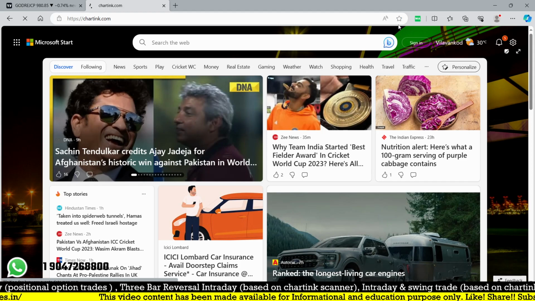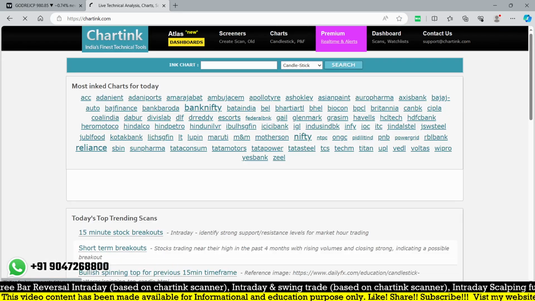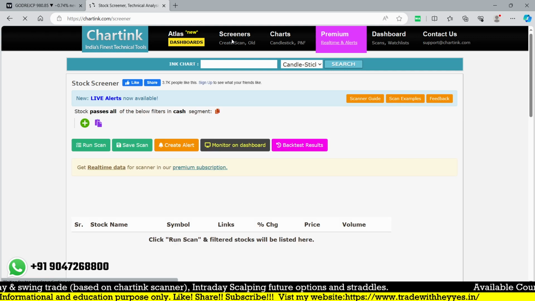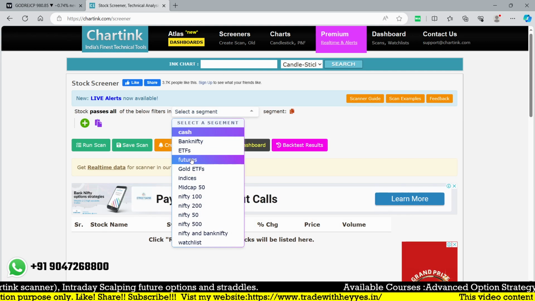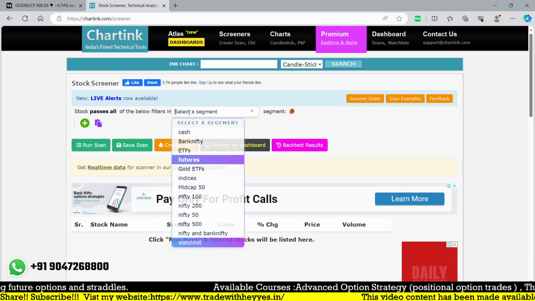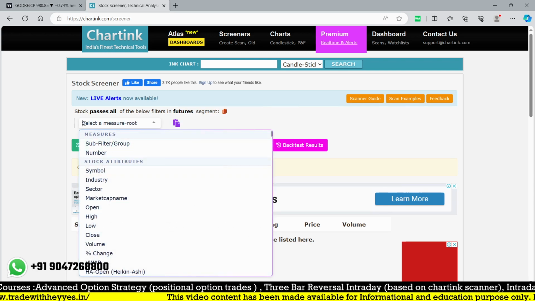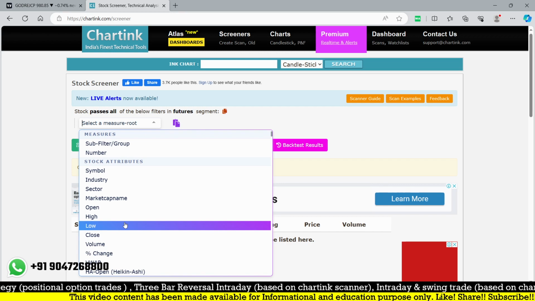So how do we create that? Simply with the charting scanner, we go to create scanner, and here I'm going to check with futures and options.